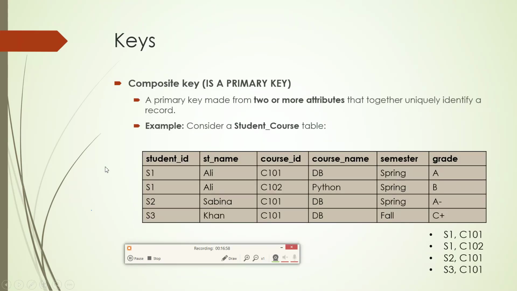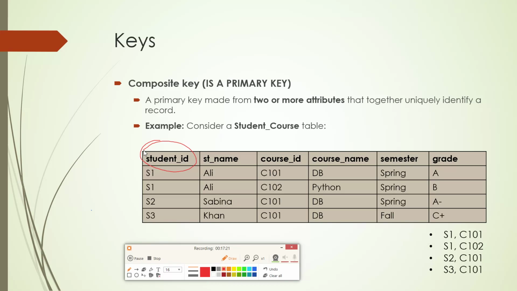Now let's move to the next concept of the key. There is another concept which is called composite key. So composite key is actually a type of primary key. And composite means that it is coming from two attributes. When one attribute is not enough, for example, the student ID is not enough to uniquely identify a record, because this is the data.